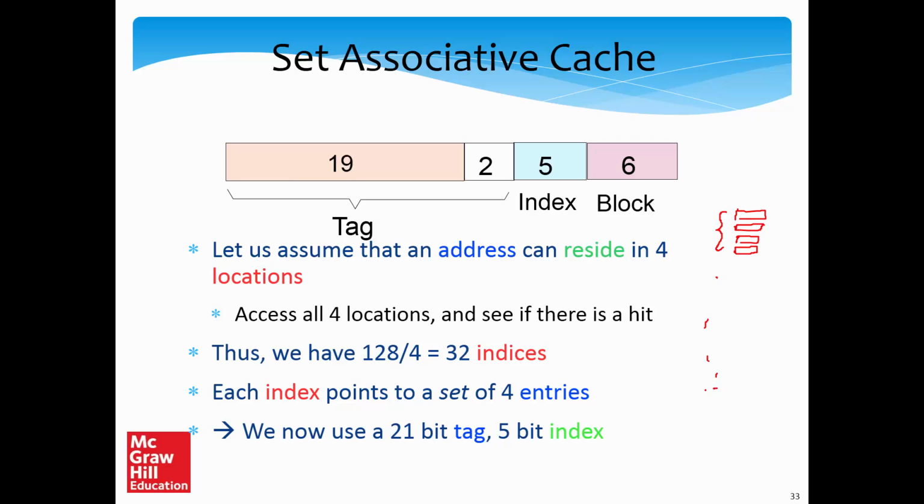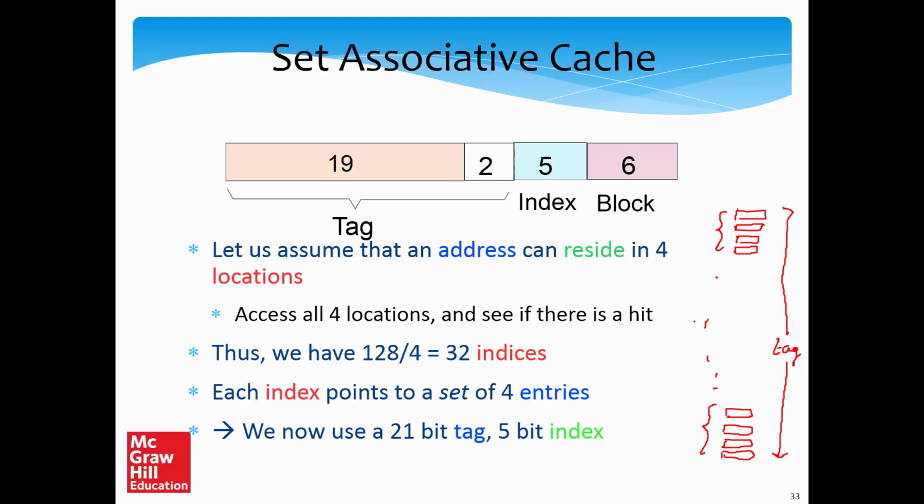Create such kind of groups. So if this is the tag array, the data array remains exactly the same. There is no difference. The data array remains the same in all the caches, more or less, in direct mapped, set associative, and fully associative. It's only the tag array which we change.